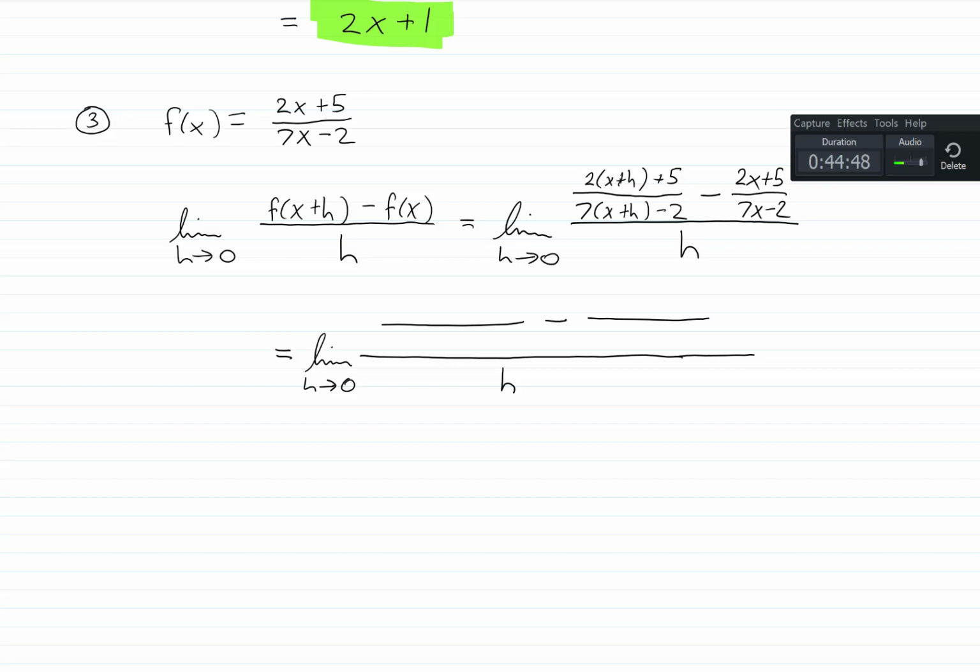I need a common denominator, right? Do those two fractions up there have the same denominator? No. One is 7x plus h minus 2, and the other one is 7x minus 2. They aren't the same. How can you get a common denominator? If I give you any two fractions, how can you get a common denominator? You can always multiply the two fractions together, right?